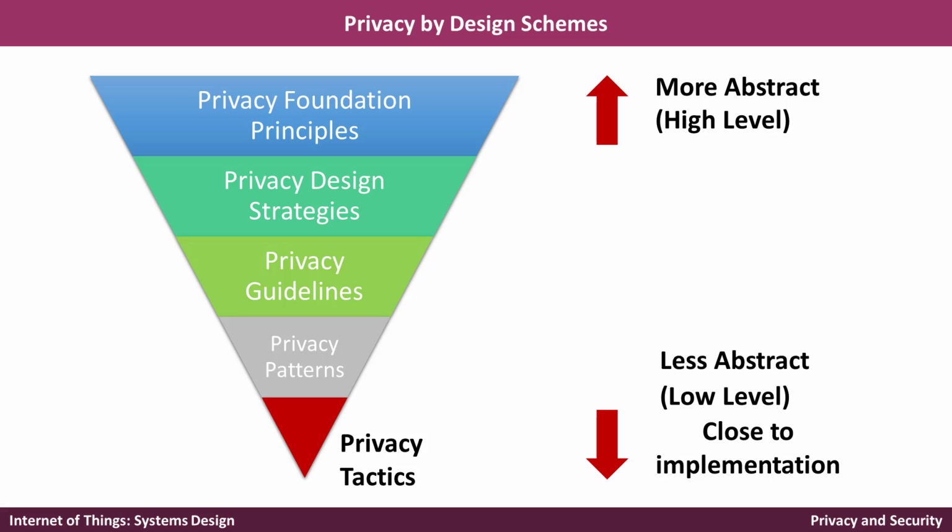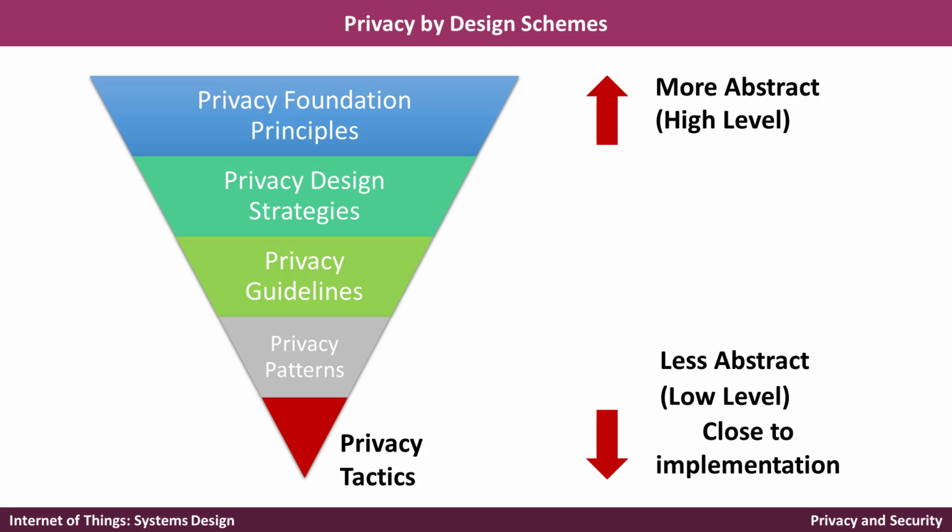Roughly speaking, each of these terms has some relationship with the abstractness or the level of detail of the idea it presents. For example, when you say privacy foundation principles, they give somewhat higher level ideas.